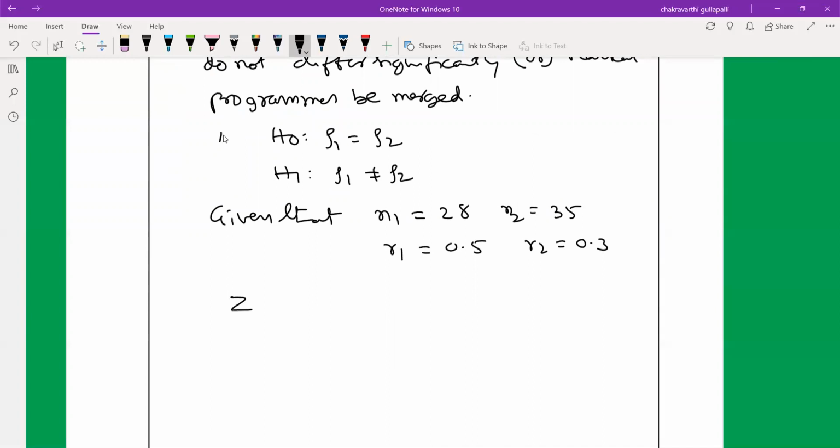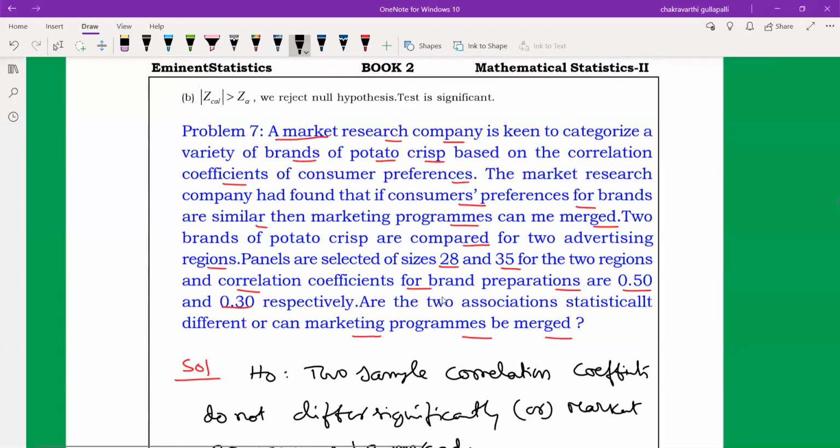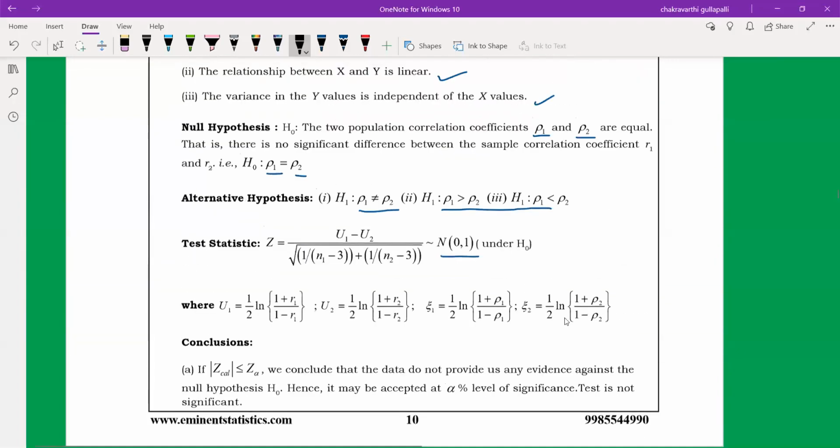So first of all, what is the Z formula here? Test statistic, step 1, step 2, step 3: Z formula is U1 minus U2 divided by the square root of 1 by N1 minus 3 plus 1 by N2 minus 3. Here there is no need to use Xi1 and Xi2, because under H naught rho 1 is equal to rho 2.